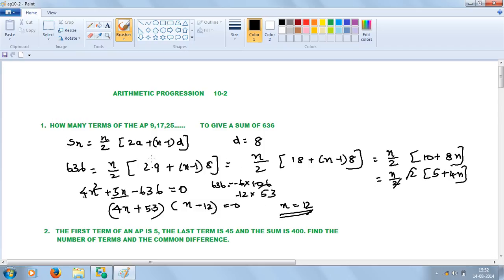The answer to give a sum of 636 cannot be a huge number of terms; the number of terms will be limited. We can either try with 6 or 12. If we try these two, we'll get an answer. This figure cannot be more than this; if it goes beyond 12, you'll get a huge figure.